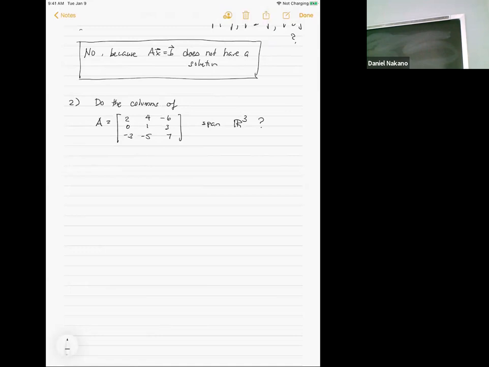The columns of A, right? So another way to say it is, maybe it's better this way. The question is: is every vector B, let me call it B1, B2, and B3 in R3, a linear combination of the columns of A?